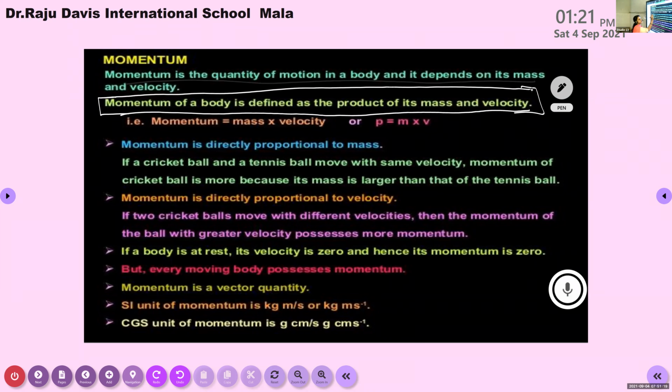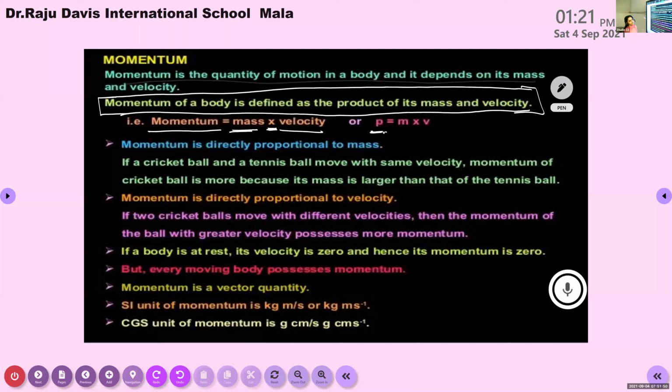Mathematically, we can write momentum is equal to mass into velocity. Product means multiplication. Momentum is represented by the letter P. So P is equal to M into V.